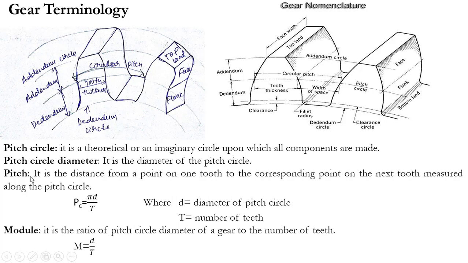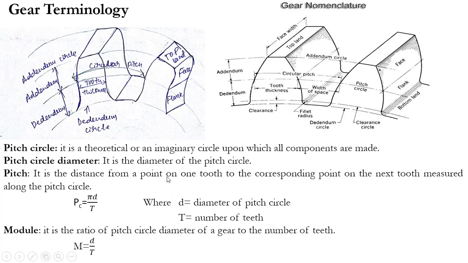Next is pitch. This is a very important thing actually. Pitch. You need to remember the definition of pitch here. It is the distance from a point on one tooth. I will take one point on one tooth here. So this is one tooth. I will take this as one point on this tooth, and you can see this on this diagram too. I have taken this as one point on this tooth here.